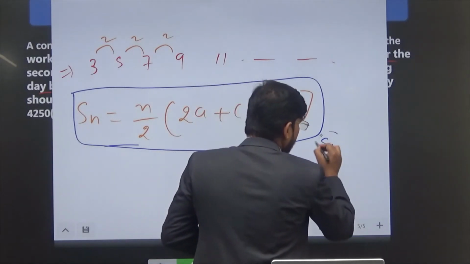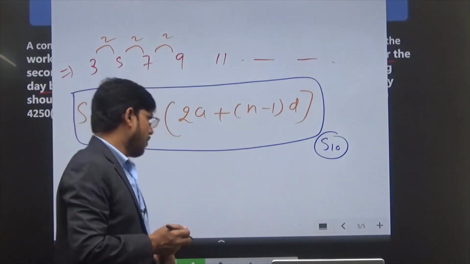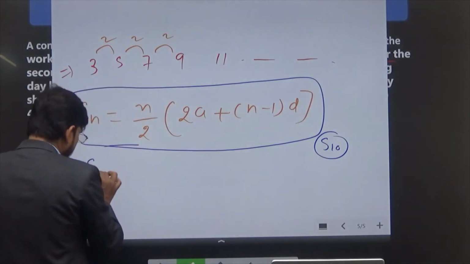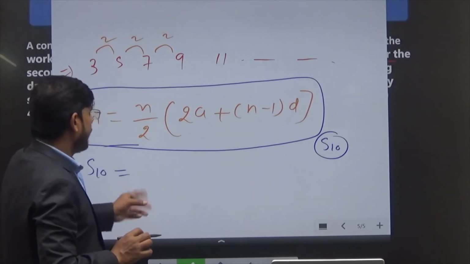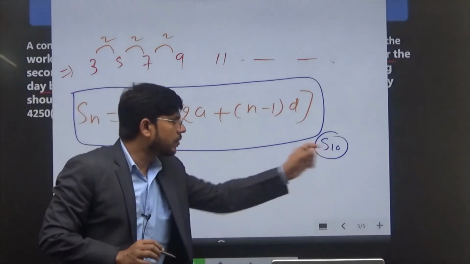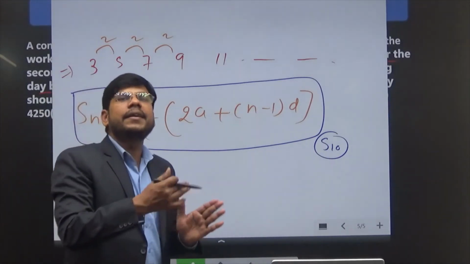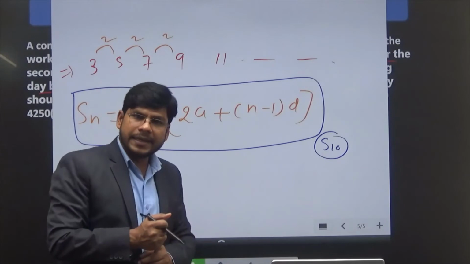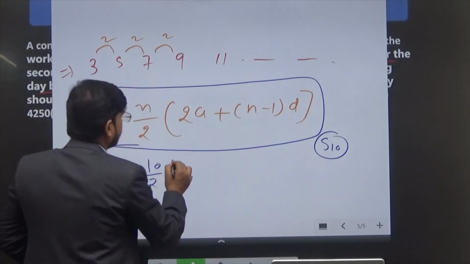Okay, now suppose we have to find out the sum of 10 terms, that is, what will be S10. So here the value of n will be 10, because we have to find out the sum of 10 terms. So 10 by 2.